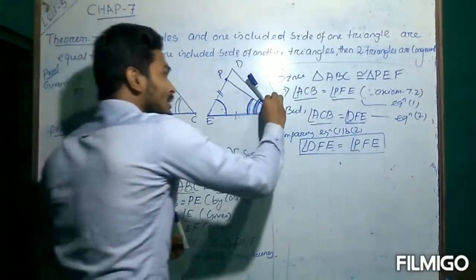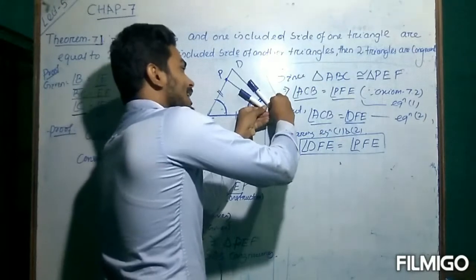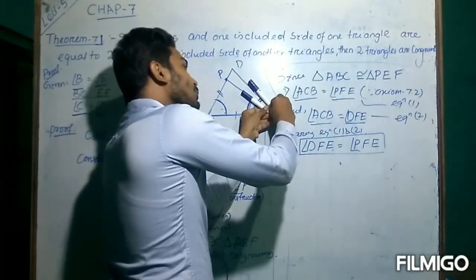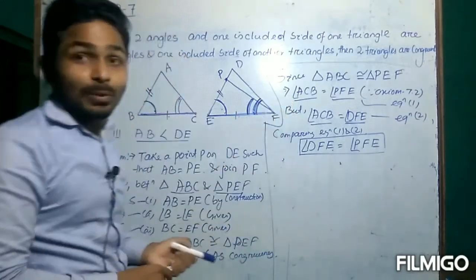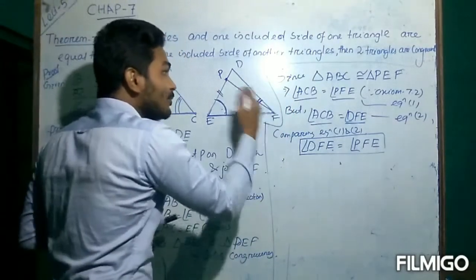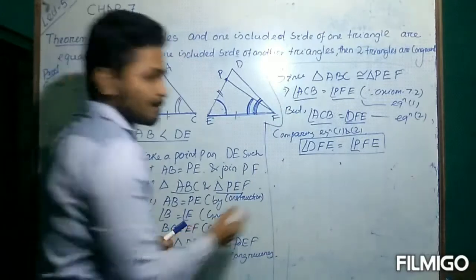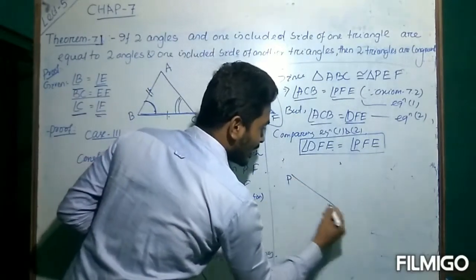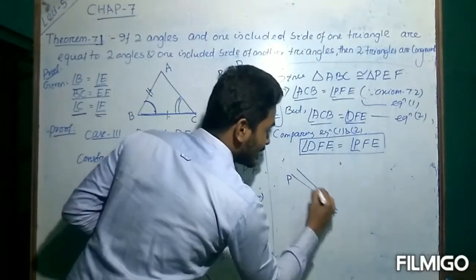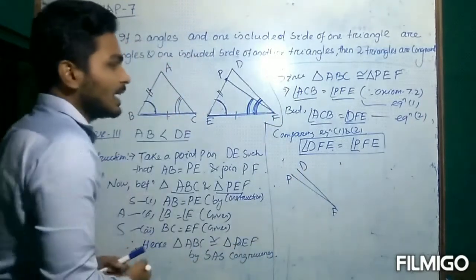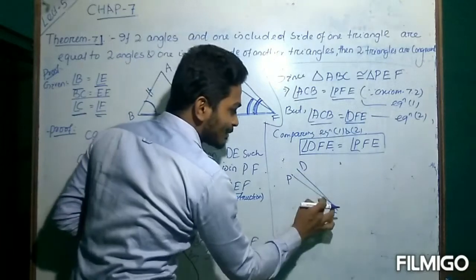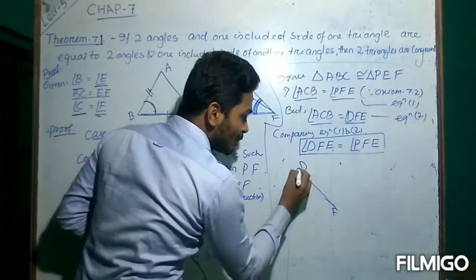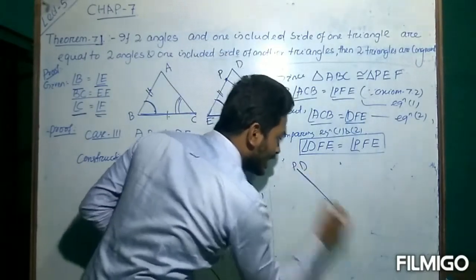Again I am telling you, this is DF, this is PF. If we shift PF to DF, then PF will coincide on DF. Now this PF is shifted to DF so that PF will lie on DF.